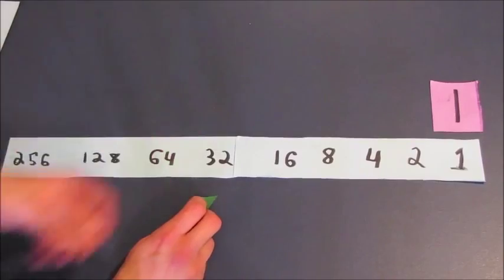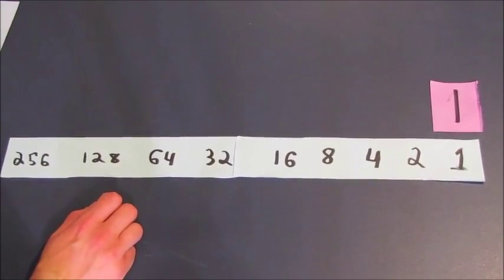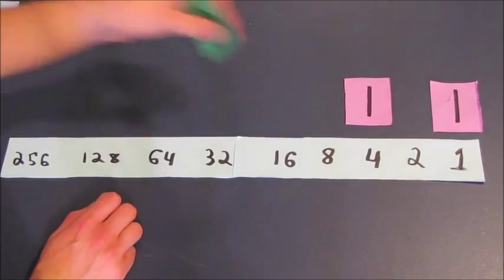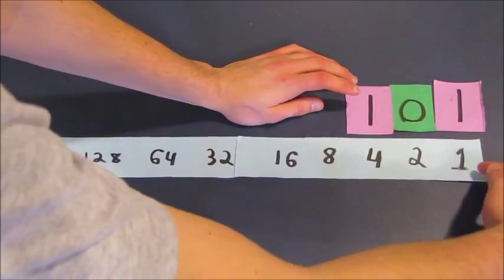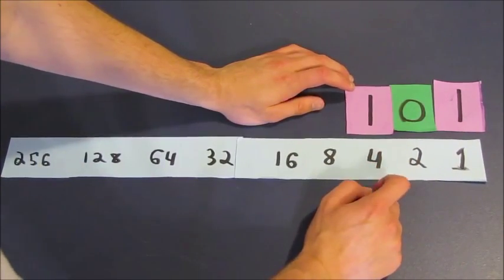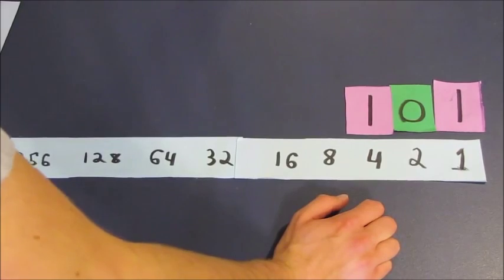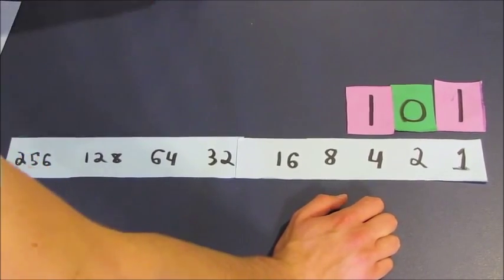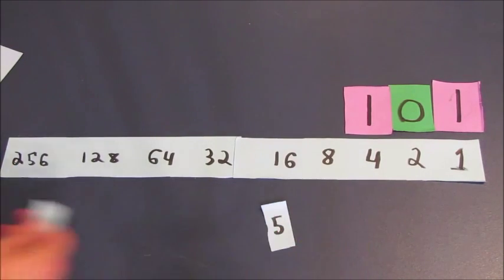Then 1 is 1. Well, if we are looking at other numbers, let's say we have 101. Well, this is 1, this is 4. So the answer is 5. Okay, I guess I can use some decimal numbers to represent this. So this is 5.